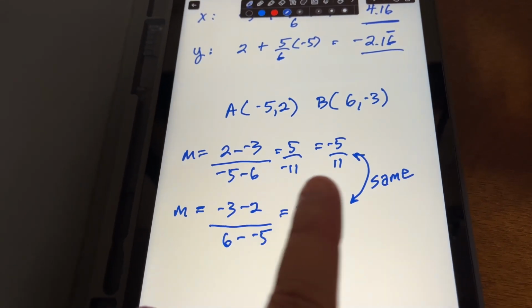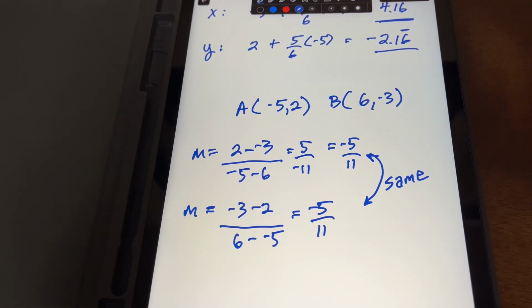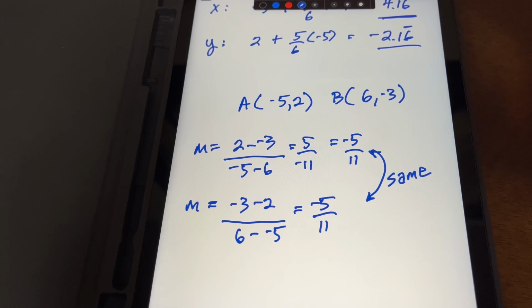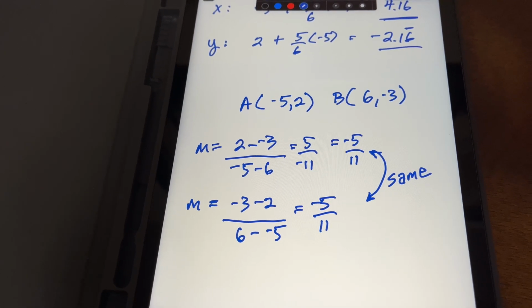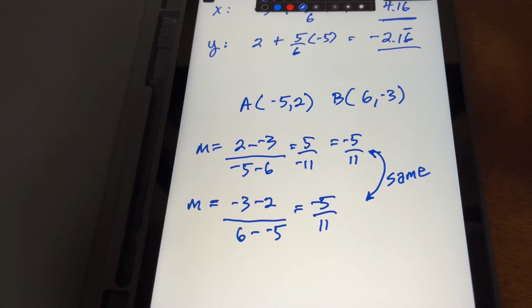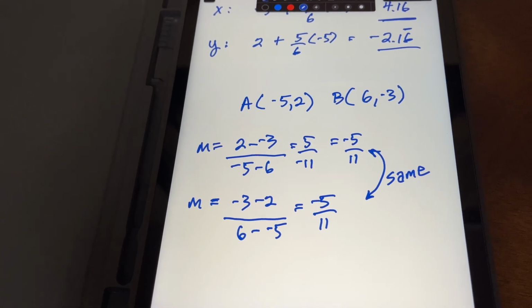You can do that and you get this. Notice you get 5 over -11, but the negative always goes with the top number when you only have a negative on the bottom. Now, if they were both negative, you would make the result positive. It's like if it had been -5 over -11, I would have put positive 5 over 11.